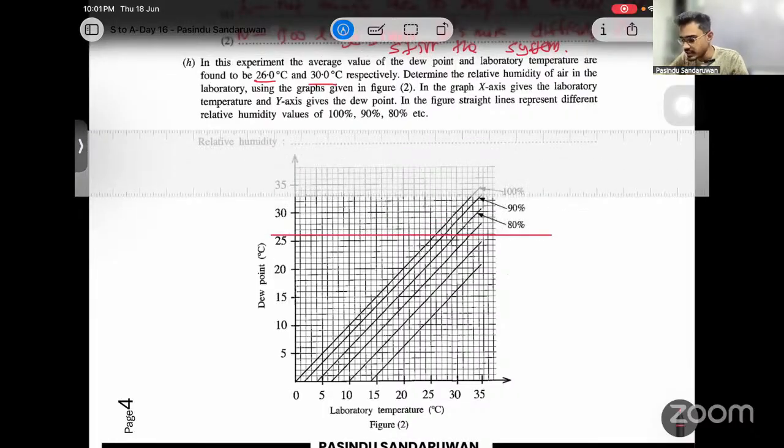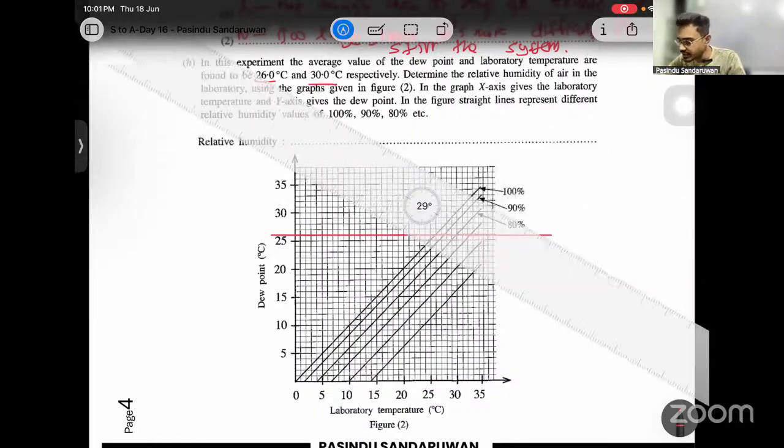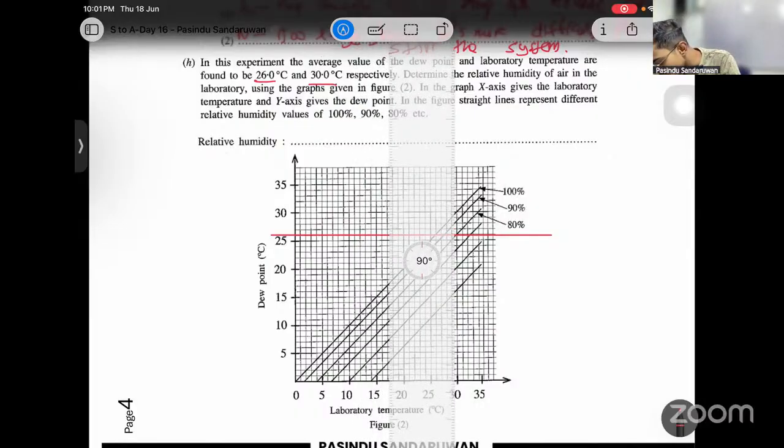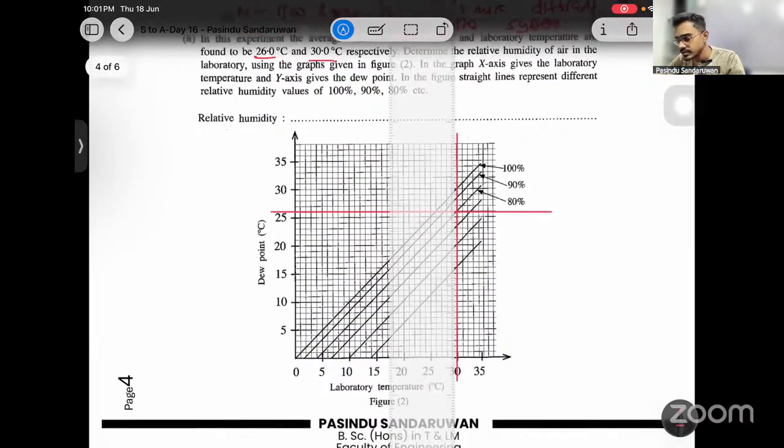Then from the other axis, the laboratory temperature, 30. And 30 will intersect which line?